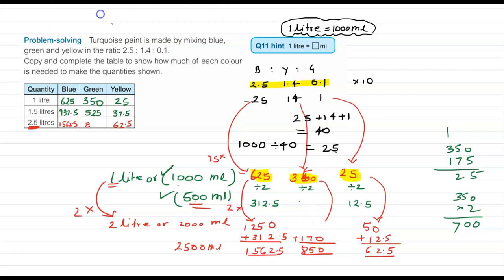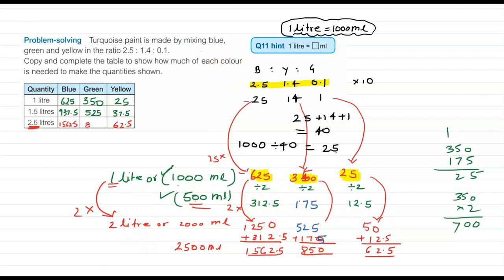So 350 divided by 2 is 175, and 350 plus 175, if you add it, is 525. Is that okay? Yes, sir. Okay, so that's right. That's fine.